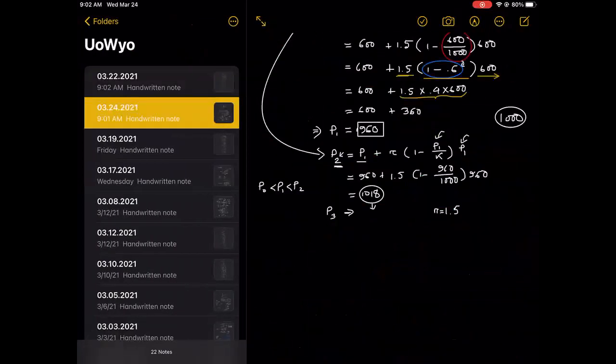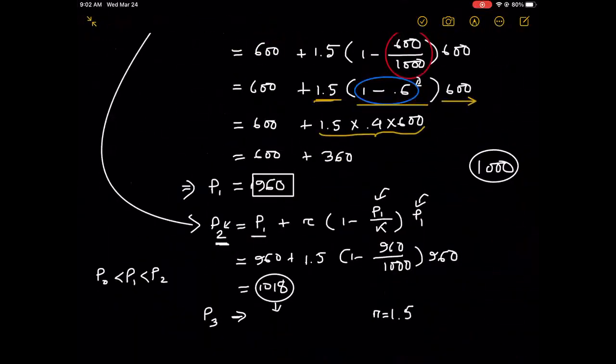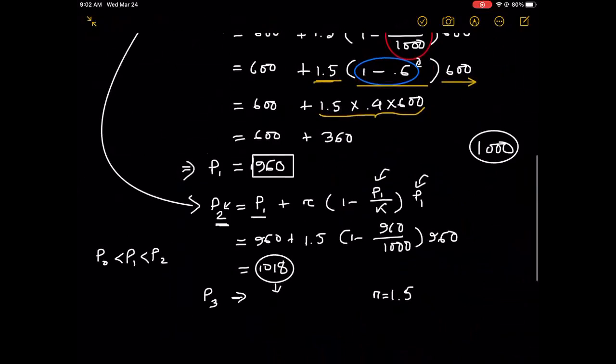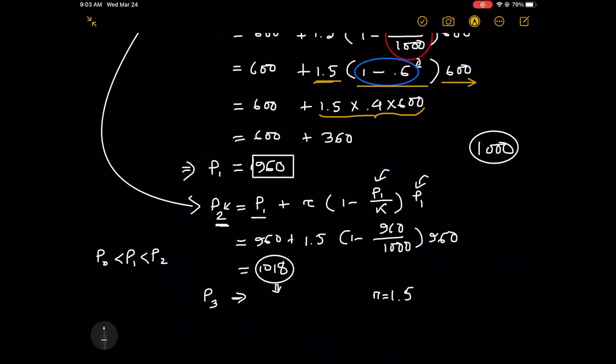But what happens with this? Should it increase? Should it stay like this? What should it be? Can you imagine anything? It should decrease, right? And why? Because it's already above the max population. Let's just imagine it this way.